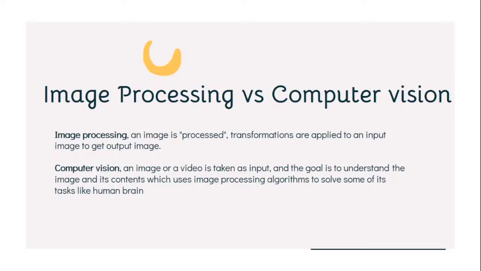If you need to recognize this mobile as a mobile, so the system can identify this is a mobile, this is a water bottle, this is a monitor, this is a laptop, this is a fan or AC, that kind of object recognition can be done. For such applications we need to apply image processing algorithms to solve the problem like a human brain. For example, let us take that you are a human, right? Now you need to recognize every object in front of you, like a monitor, mobile phone, anything you need to identify.